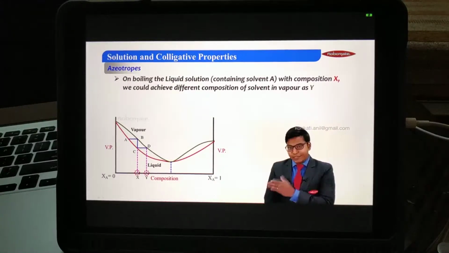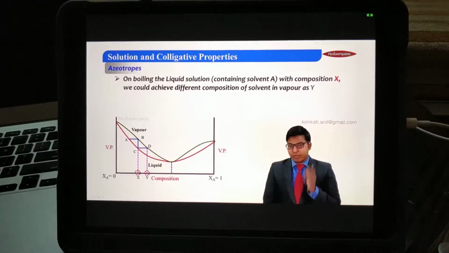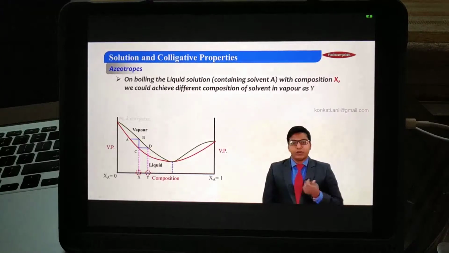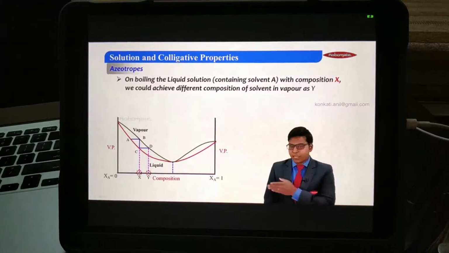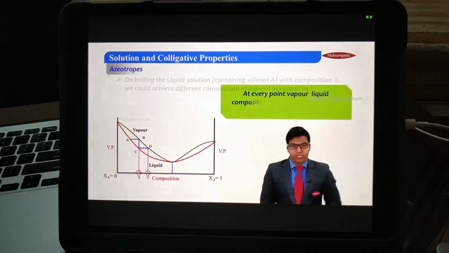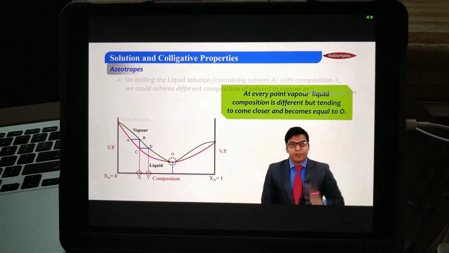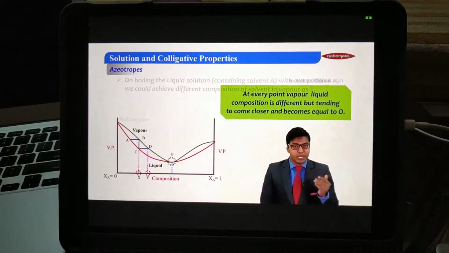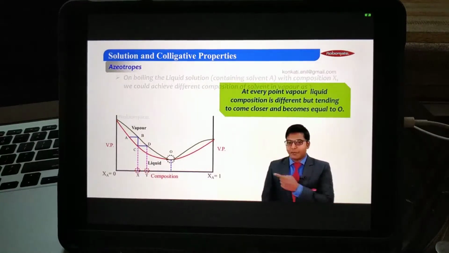You would see a certain difference in X and Y again, but do you observe something? The difference between X and Y is always decreasing as it comes closer to this particular point. Every point has a different vapor and liquid composition, but they tend to become closer, and it becomes equal at point O.